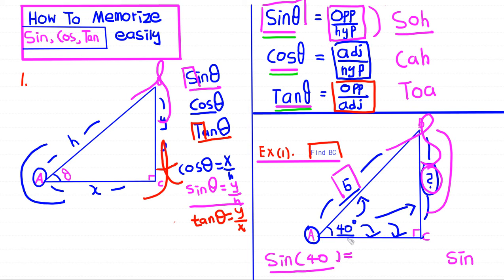The opposite side is the missing value, so I'll just call it y, over the hypotenuse, which is 5.